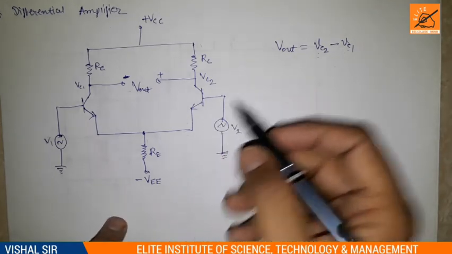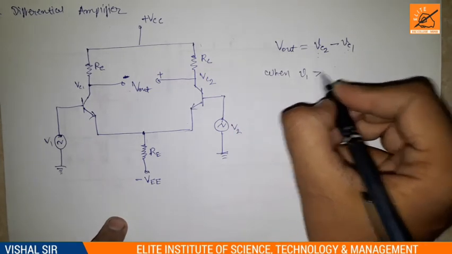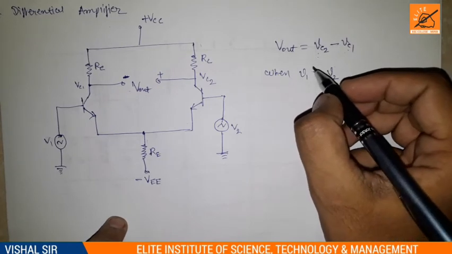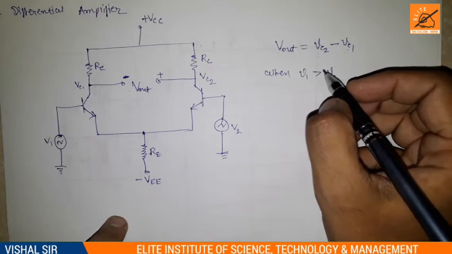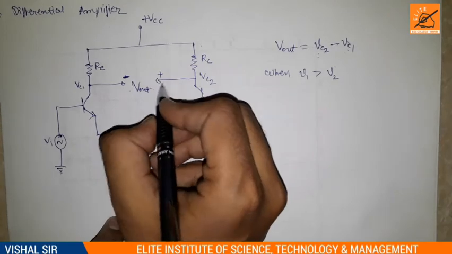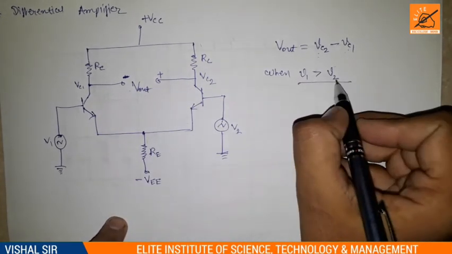When V1 is greater than V2, then what will happen? The output voltage has the polarity shown in the figure. It means output voltage has a polarity minus and plus. Here we can see this whenever V1 is greater than V2.